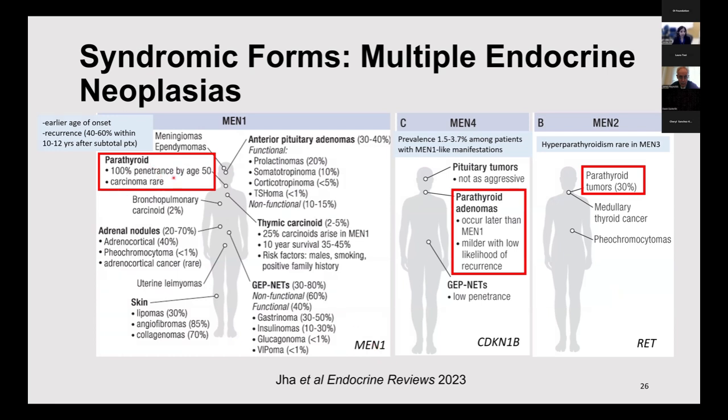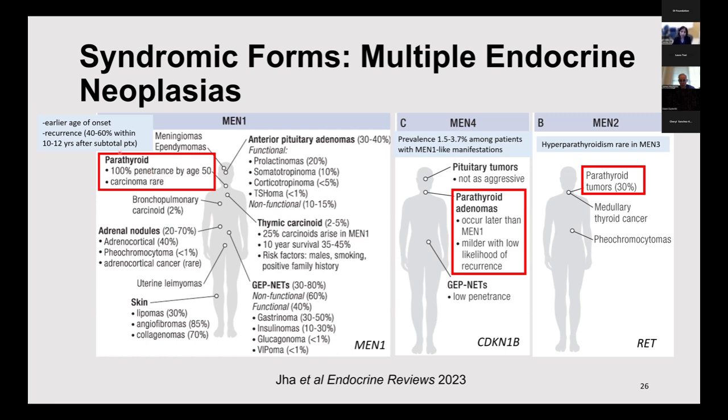These patients have several other tumors all over the predominantly endocrine tissues, but also non-endocrine tissues. However, these patients typically present with primary hyperparathyroidism. That is their earliest manifestation, and almost all patients with MEN1 will develop primary hyperparathyroidism.